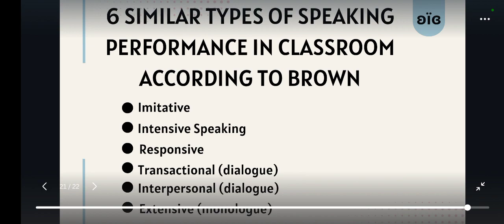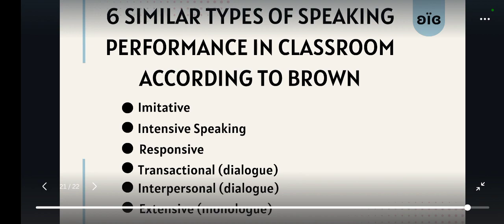A very limited portion of classroom speaking time will legitimately be spent generating human tape recorder speech. From the word itself, imitative, there is an imitation. For example, learners practice an intonation contour or try to pinpoint a certain vowel sound. Imitation of this kind is carried out not for the purpose of meaningful interaction but for focusing on some particular element of language form.